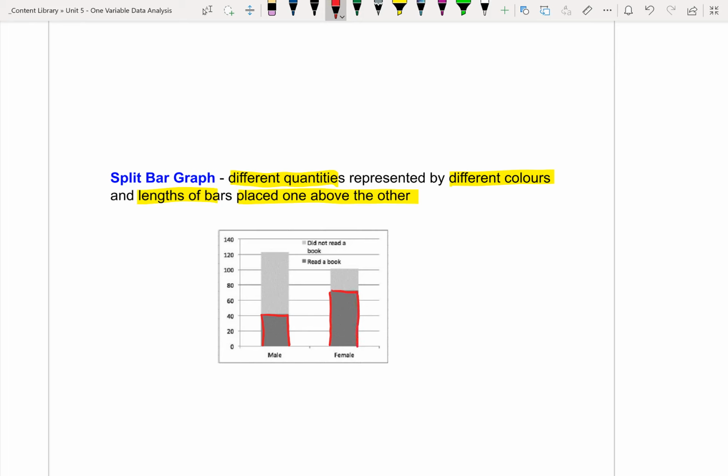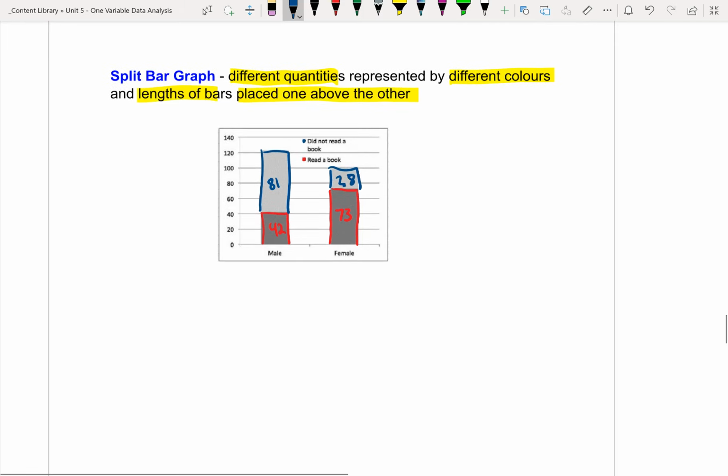You would have to interpret that this lower section here of red is actually 42, and this upper one for the males is 81. And again, for girls, 73, and for girls, 28. So you would have to interpret that on your own from the data. So that's placing them on top of each other.